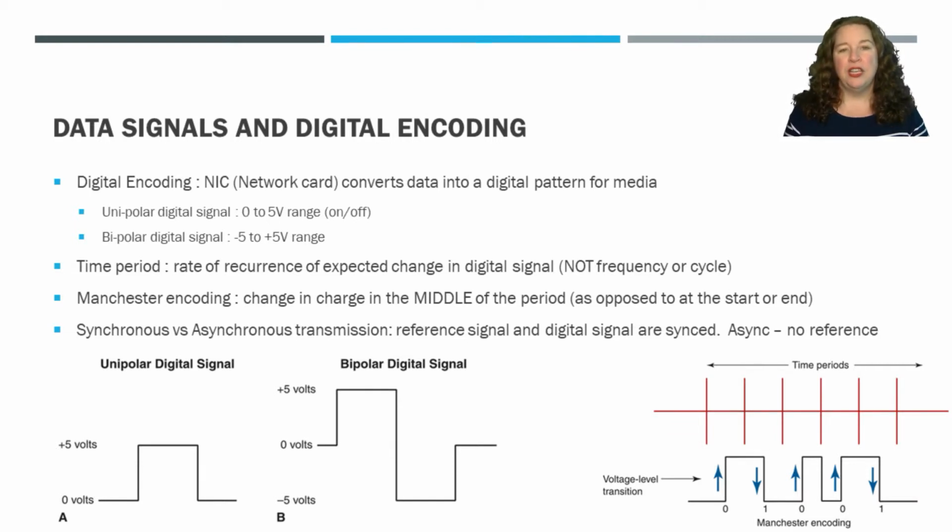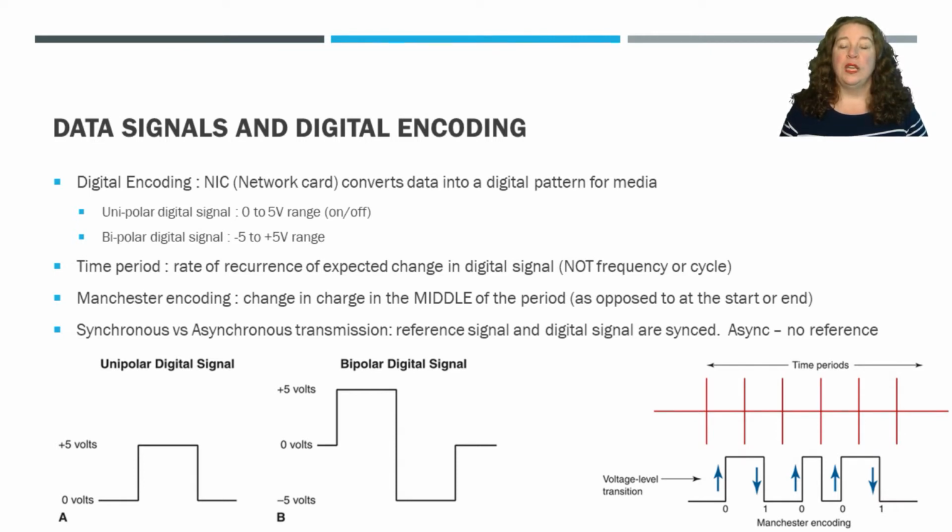When we talk about encoding, that means converting the data from whatever form it's in into a digital pattern so that the media can actually send it. In an electrical signal, we are going to be sending a certain amount of electricity, in an on-off type situation.